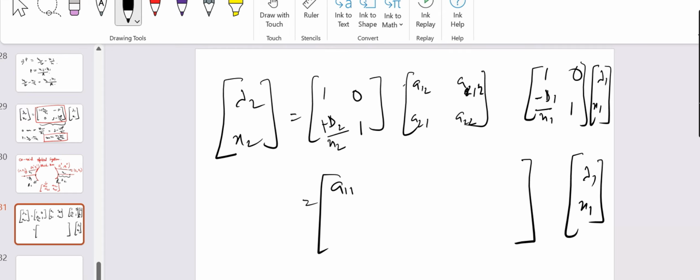So this becomes A11 minus A12 d1 by n1. This remains A12.